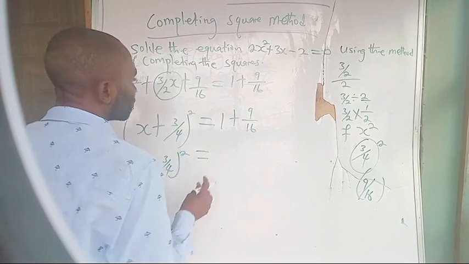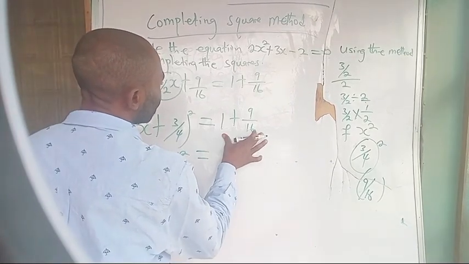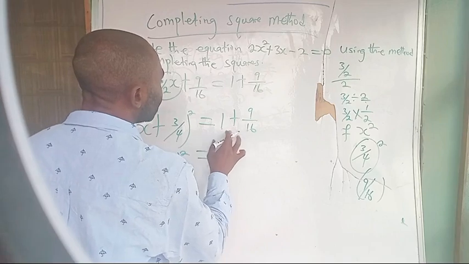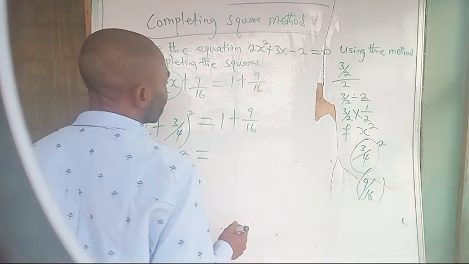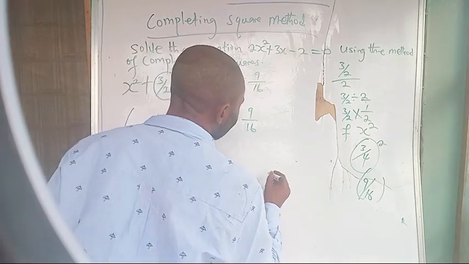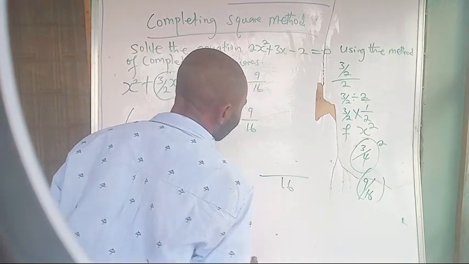So from here we have x plus 3 all over 4 squared equal to, and here we are going to find the LCM, and the LCM here is 16.